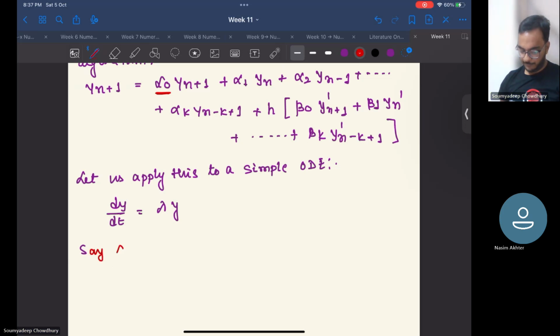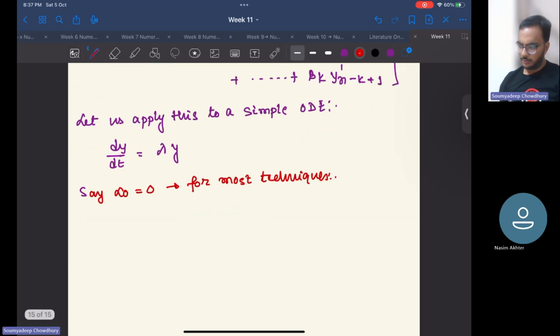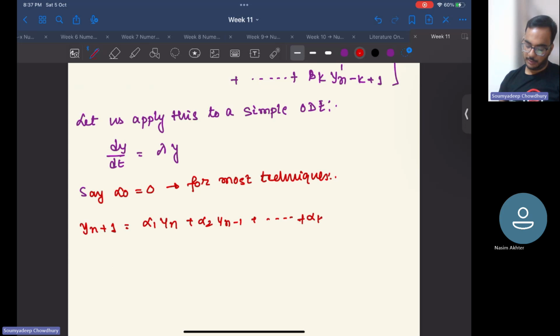So for most techniques it is zero, and then we can write y(n+1) equals alpha one y(n), alpha two y(n-1), like this up to alpha k.